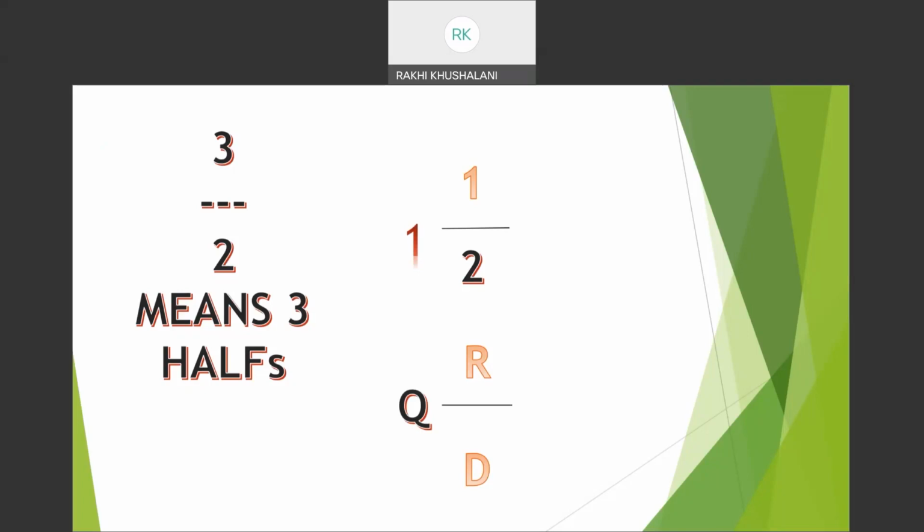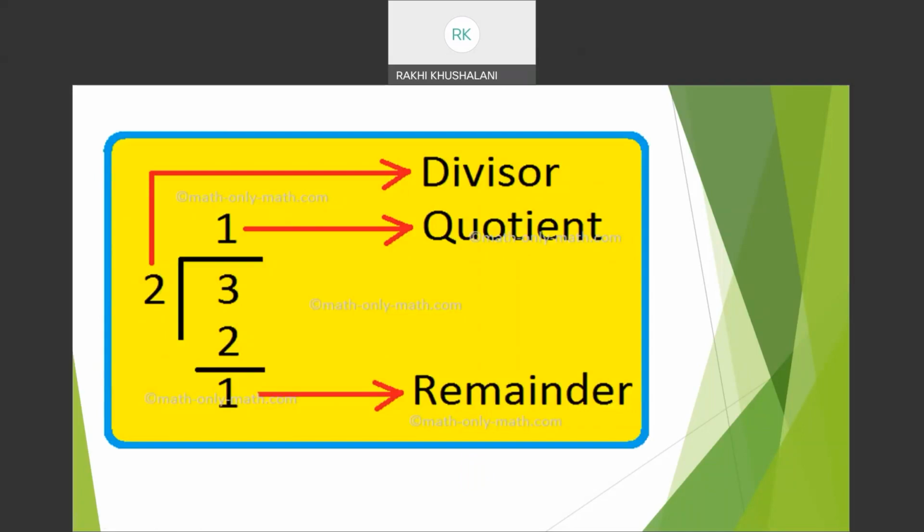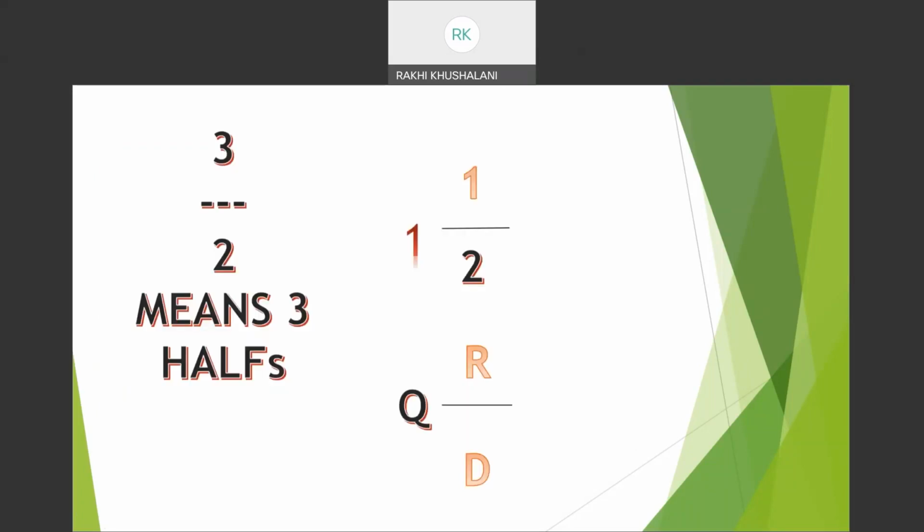Okay, so now what happened in my last slide: I got the remainder as 1, I got the quotient as 1, and I have to remember that the divisor was my denominator. These 3 things I have to remember. So this is the way I write it. QRD.